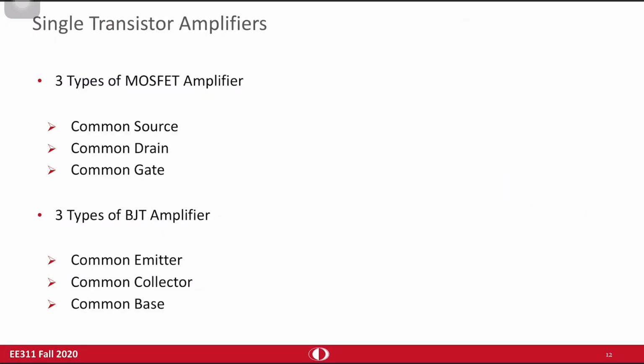Okay, in this lecture we will continue with single transistor amplifiers. Up to now we have seen the MOSFET amplifier types. As you may remember, for common source we also have common source with degeneration. This one is a good voltage amplifier.